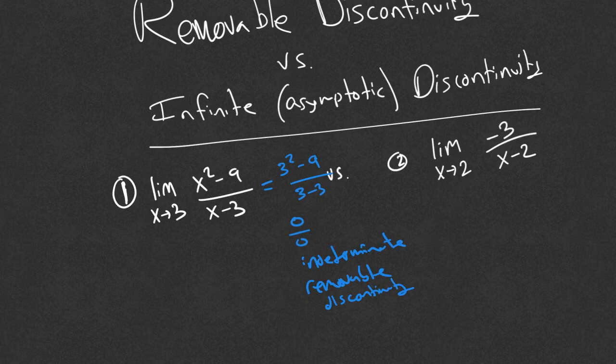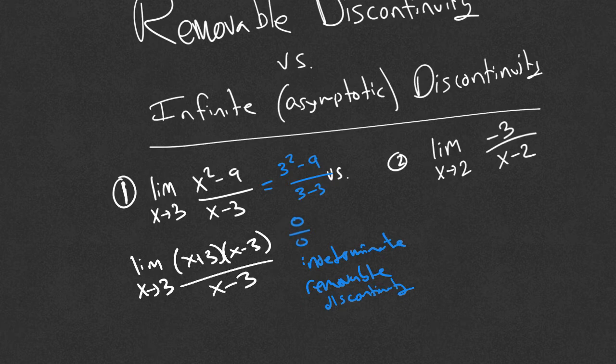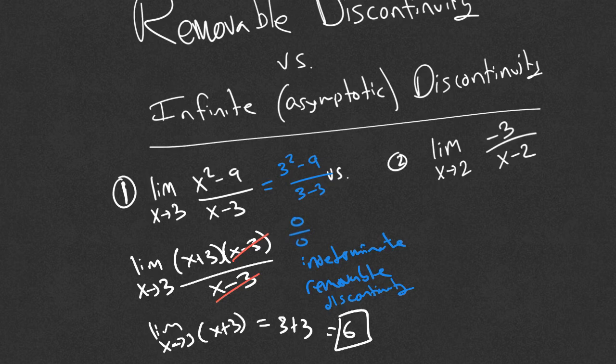Our next step is the limit as x approaches 3 of x plus 3 times x minus 3, factoring the top, over x minus 3, and those cancel. So then we have the limit as x approaches 3 of x plus 3. Now I can go back to direct substitution: 3 plus 3 equals 6. So that's how we can evaluate that limit.